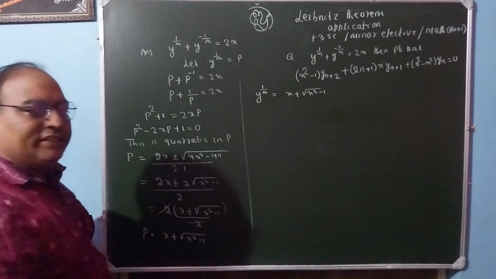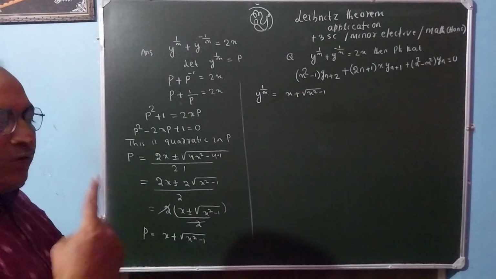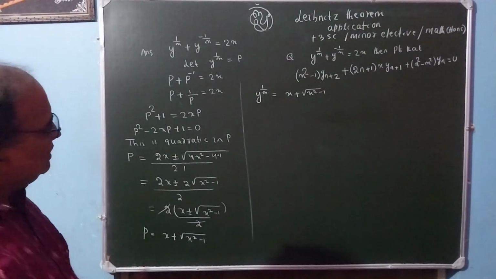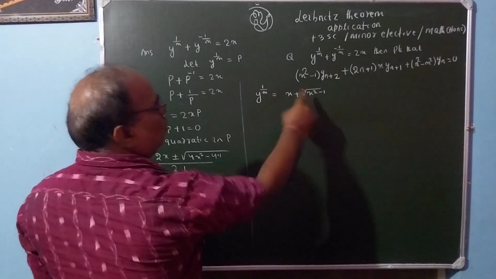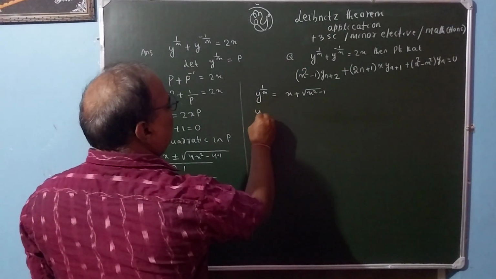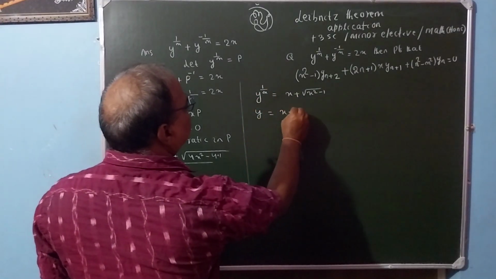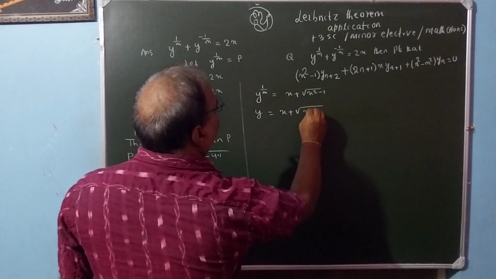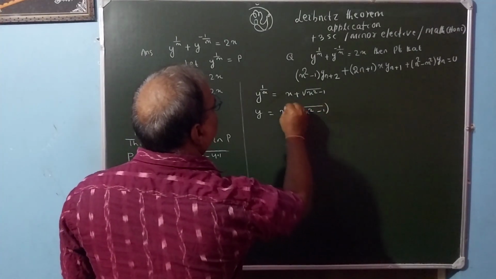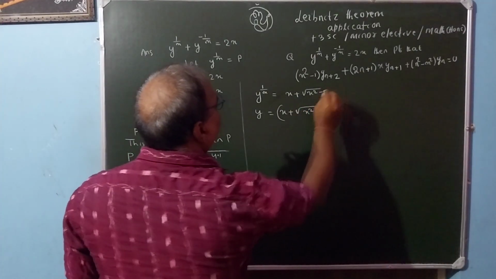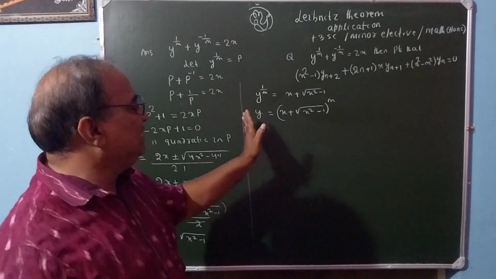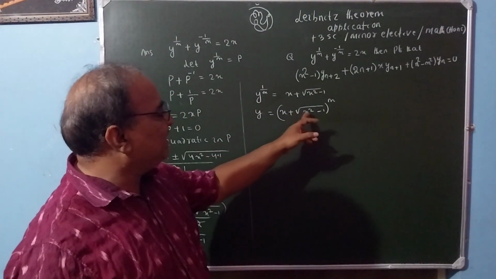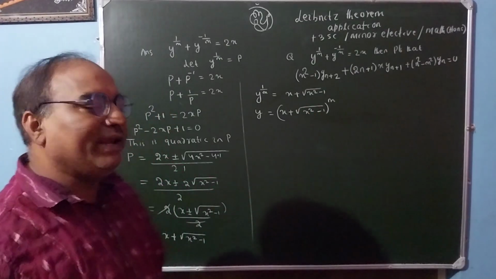I am taking the positive sign first, then we have to take the negative sign; that is also true. So y to the power 1 by m is equal to this, and y is equal to x plus root over x square minus 1 to the power m. Okay, so now the function is set: y is equal to (x plus root over x square minus 1) to the power m.